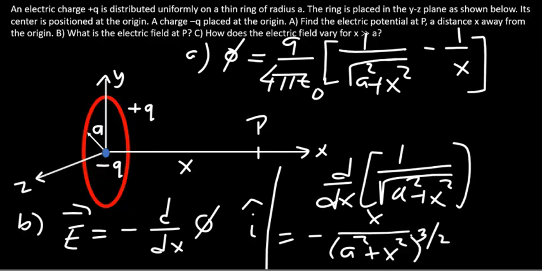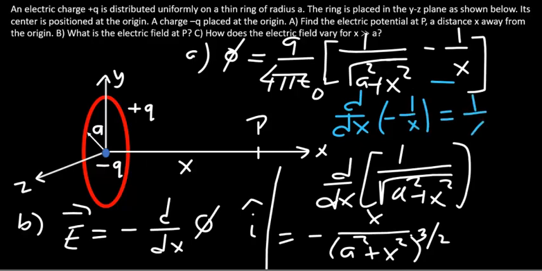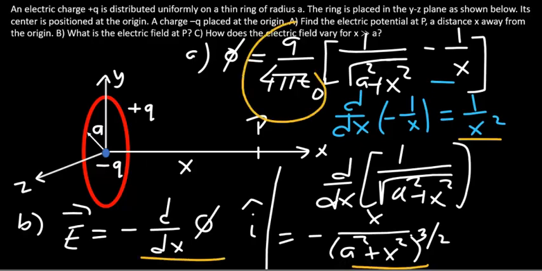One can use the product rule to show that. Now the second term, the derivative with respect to x of minus 1 over x, that is just 1 over x squared. So let's substitute these two results in this expression, keeping in mind there is still a constant that you need to write in front.